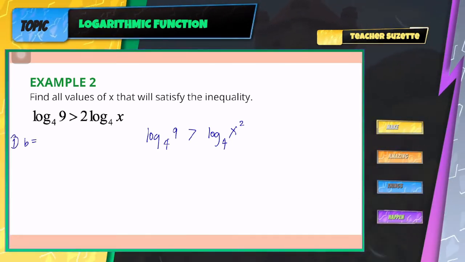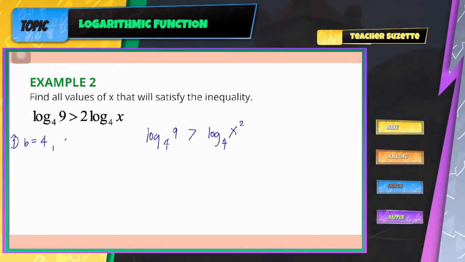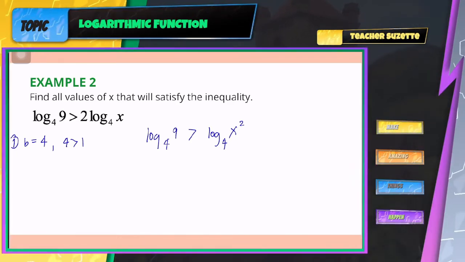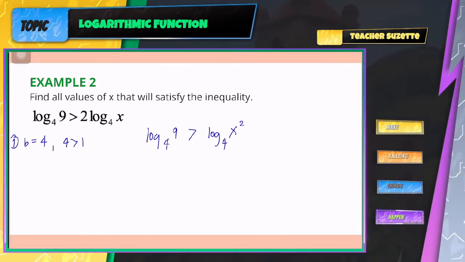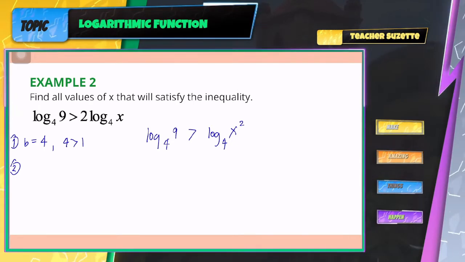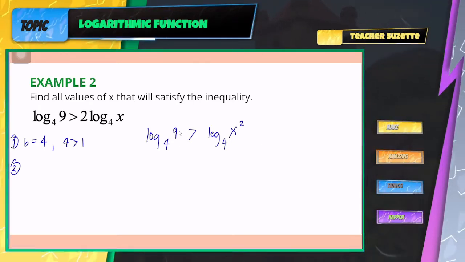First, let's check our base. And for this inequality, our base is 4, which is greater than 1. So, therefore, we are going to retain our inequality symbol, the direction of our inequality, which is greater than. Next, let's check for the resulting values of our x. So, wala naman tayong questionin dito sa 9.